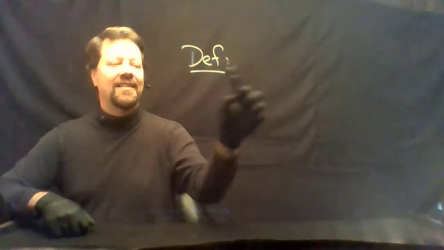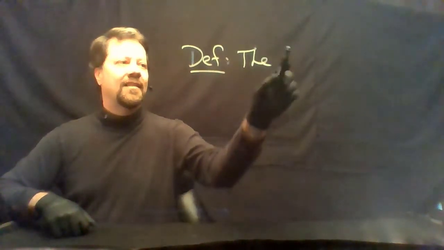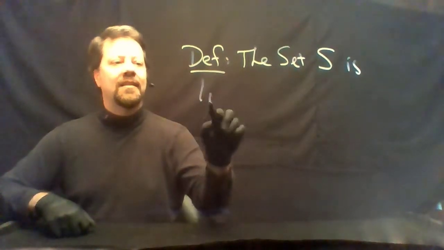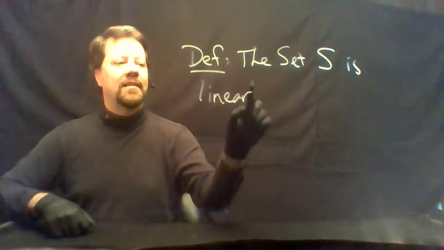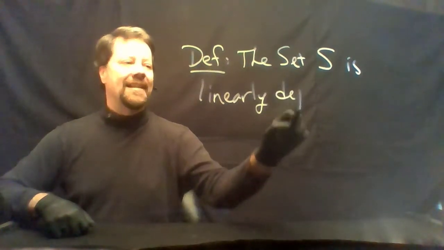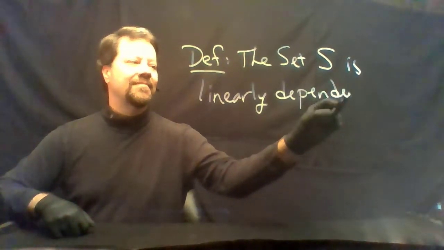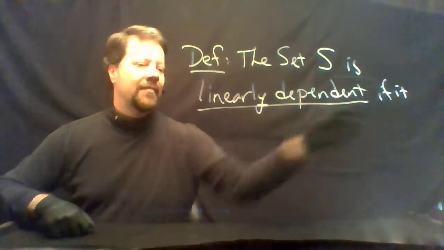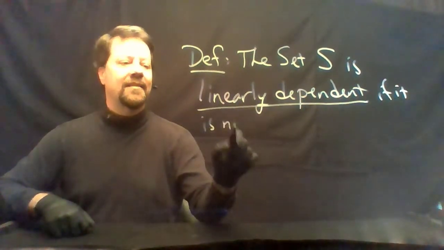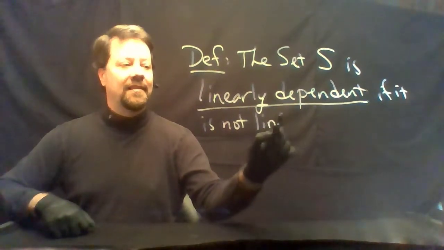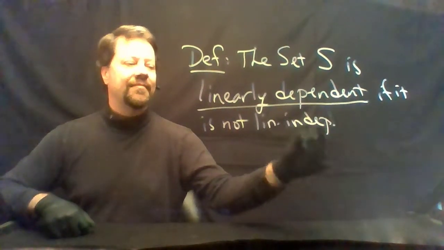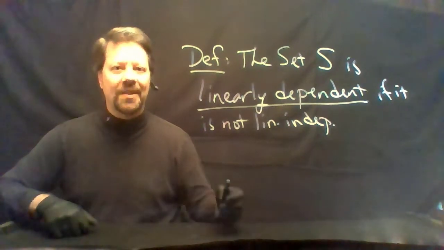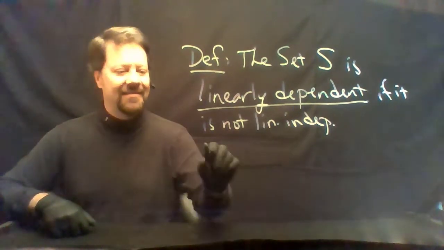On the other hand, the set S is linearly dependent if it is not linearly independent. Okay, I know that's a poor definition. It works, but what does it really mean?